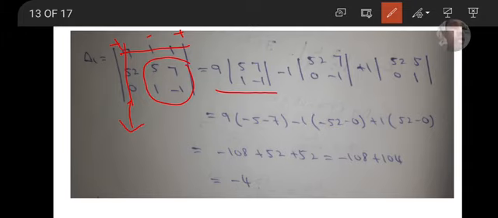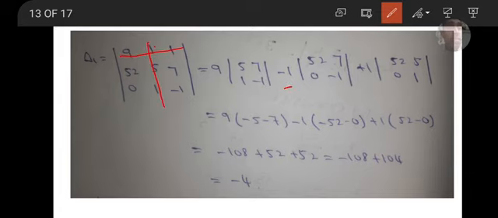Next minus 1 into, removing the row and column, 52 1, 7, and 0 minus 1. Next plus 1 into, removing the row and column, 52 5, 0 1, it is a matrix.